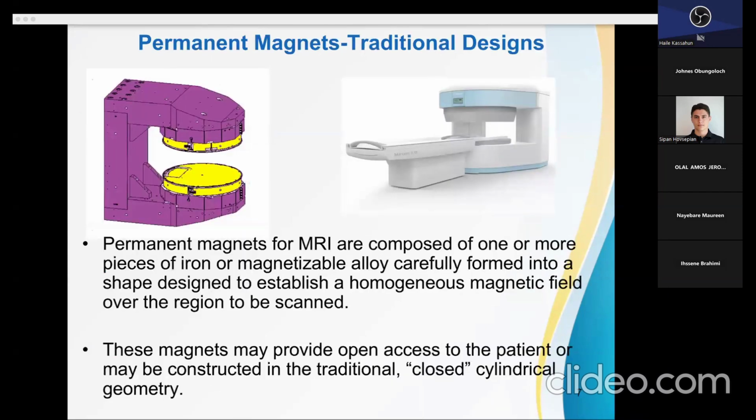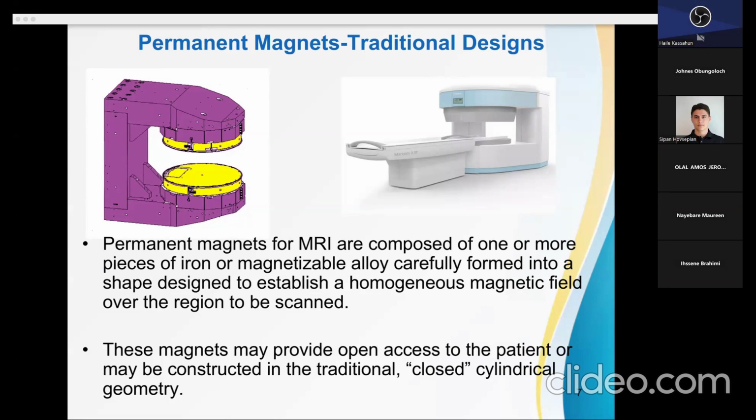If we look at permanent magnets, traditionally we have had permanent magnets that look a little like this: open bore or a bit of cylindrical bore, in a way to generate strong magnetic fields. You have your patient or whatever you want to image within the volume that the magnets subtend between them.